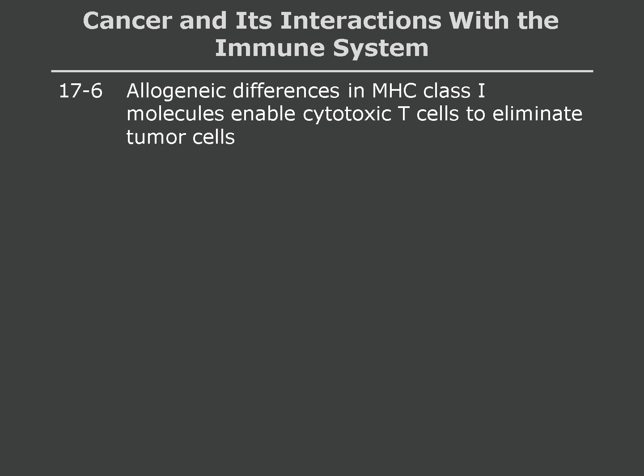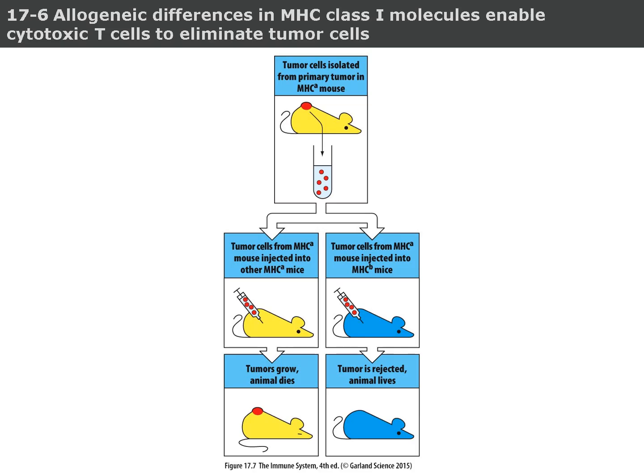Allogeneic differences in MHC class I molecules enable cytotoxic T cells to eliminate tumor cells. This experiment demonstrates the role of MHC class I molecules in tumor rejection. Tumor cells isolated from a primary tumor in one mouse strain are injected into two different groups.